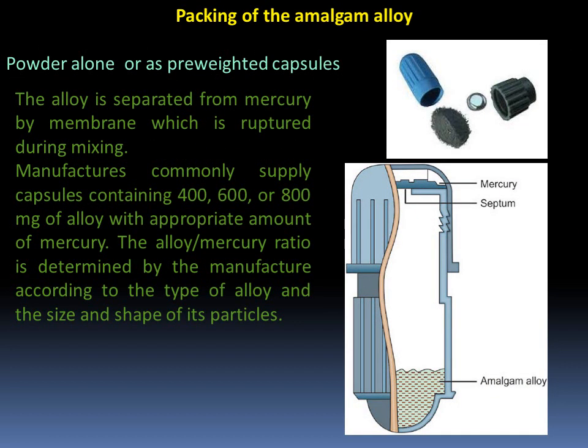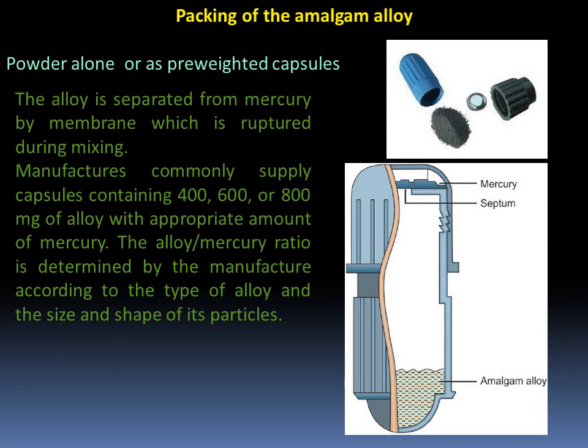Okay. Packing of the amalgam alloy. The alloy is separated from the mercury by a membrane, which is ruptured during mixing. Previously, amalgam was present in the market as powder and liquid, which were mixed in an adequate ratio between them. Nowadays, it is present as a capsule.